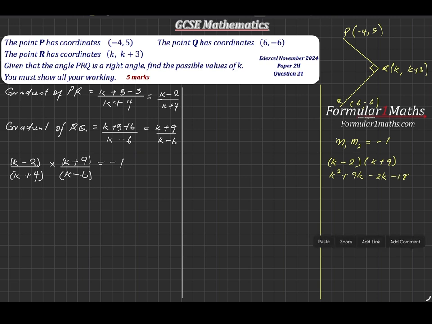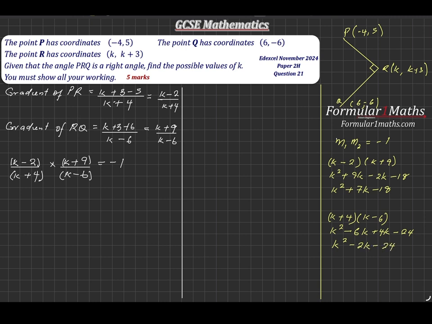If I simplify that, I'm going to get k squared plus 7k minus 18. If I do the same for the denominator, I have k plus 4 times k minus 6. So I'll get k squared minus 6k plus 4k minus 24. That simplifies to k squared minus 2k minus 24.